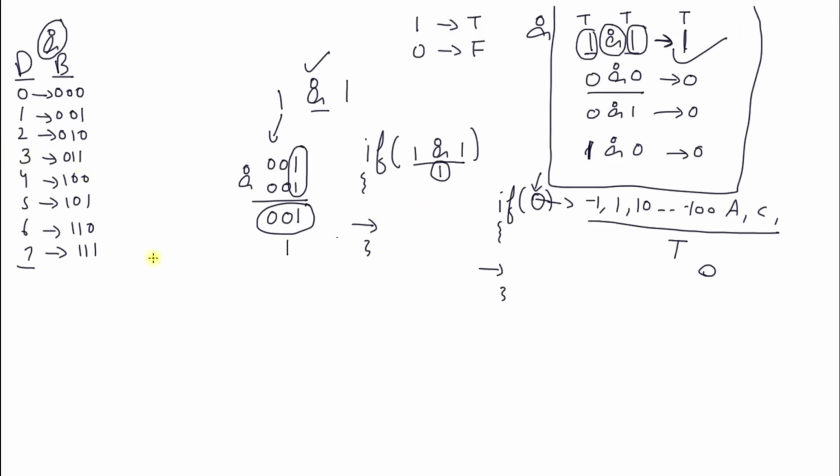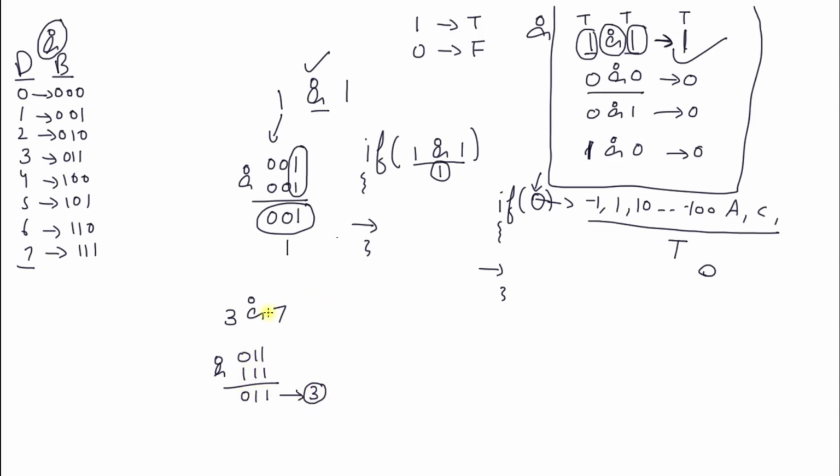So let's take another value like 3 AND with 7. 3 is nothing but 0, 1, 1 and 7 is 1, 1, 1. We are going to perform the AND operation. We know the rule: 1 with 1 is 1, 1 with 1 is 1, and 0 AND with 1 is 0. So the result is 3, and this is a non-zero value.